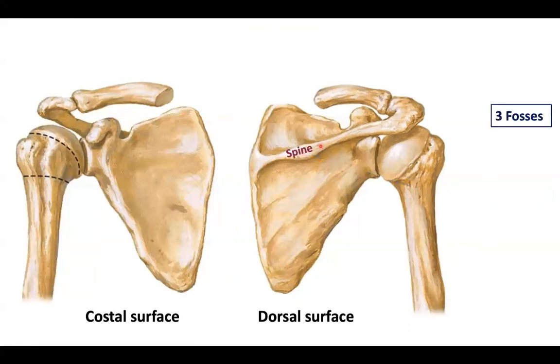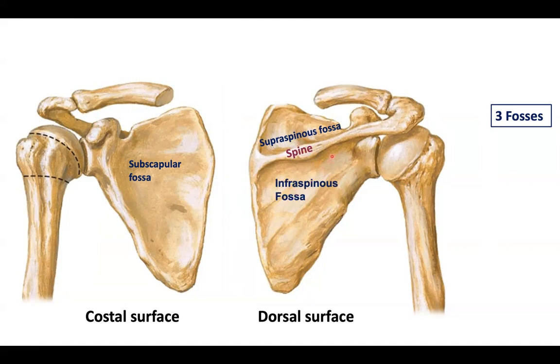And scapula has 3 depressions or fossae. So on its costal surface, it has subscapular fossa. It's a large, shallow depression. And on its dorsal surface, it has 2 depressions. One is above the spine, and it's known as supraspinous fossa. The other one is below the spine, and it's known as infraspinous fossa.